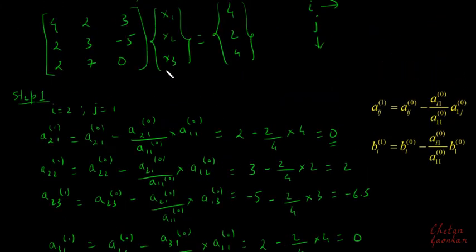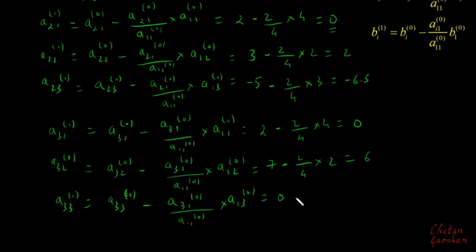So this will become 0 minus a31 original, 2, divided by 4, multiplied by a13 original, which is 3, and this should give me 6 by 4, which will be minus 1.5.